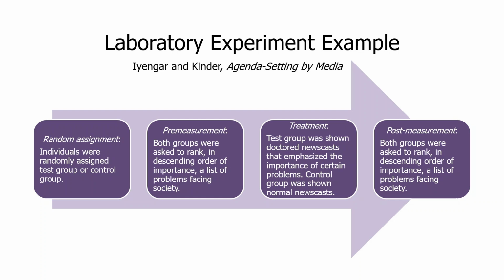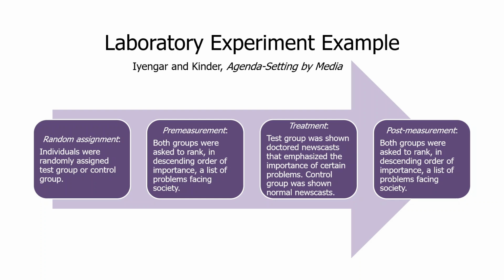When you compare the two lists, you want to attribute the differences between the two lists to the variable media exposure. But you really can't do that, because it may be that the attention payers are systematically, in terms of selection bias, different from the non-attention payers. So the resolution of that is random assignment.